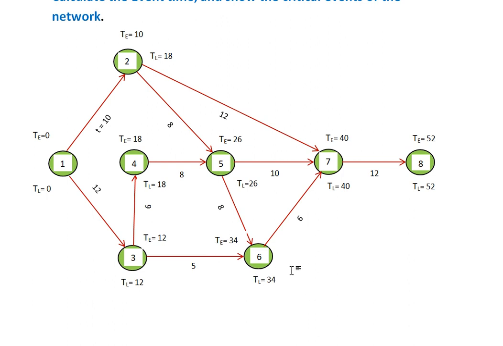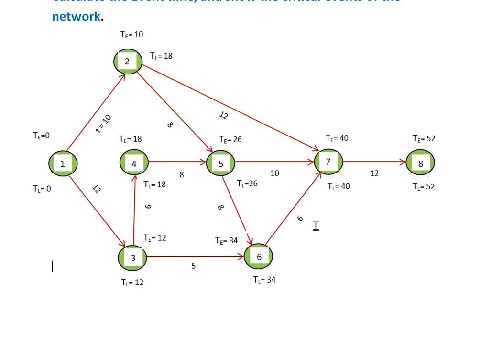So the minimum slack is 0 here. The events having 0 slack are 1, 3, 6, 5, 4, 7 and 8.